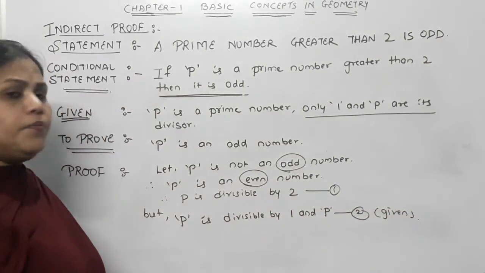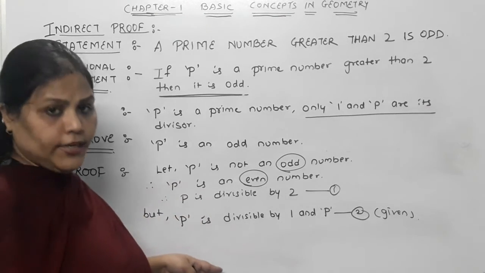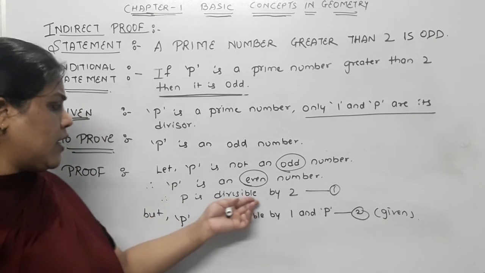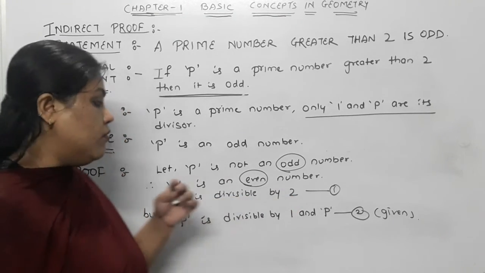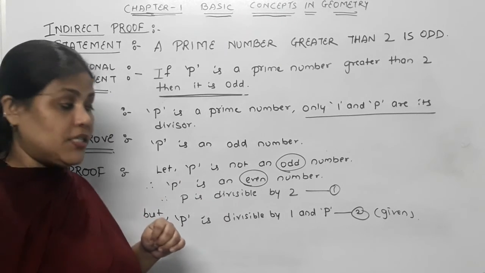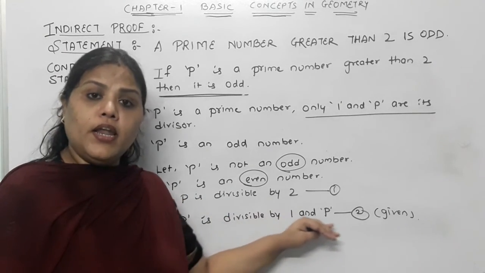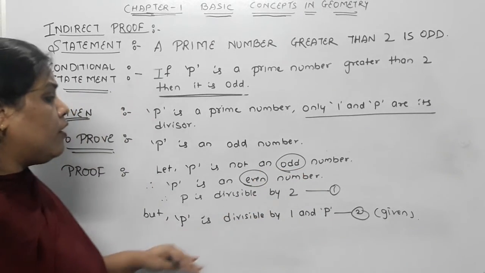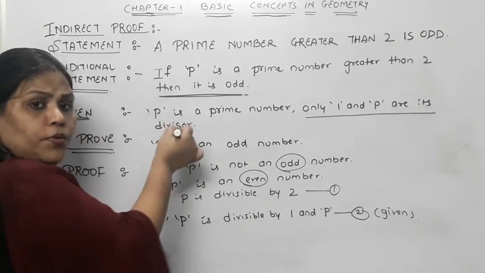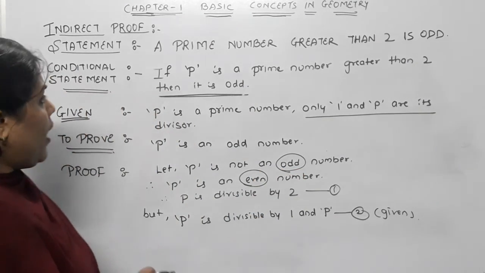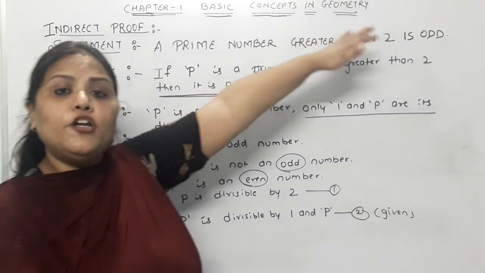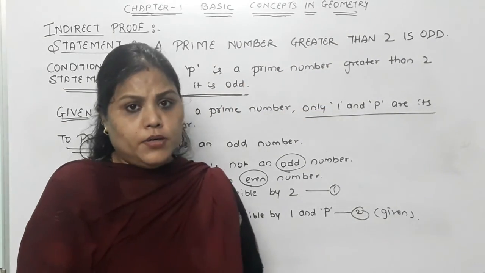It means what? Here we are contradicting. Our first statement says that it is divisible by 2. But our second statement, second equation says, it is only divisible by 1 and P. It means what? Whatever we assumed was wrong and a prime number greater than 2 is an odd number. Okay?